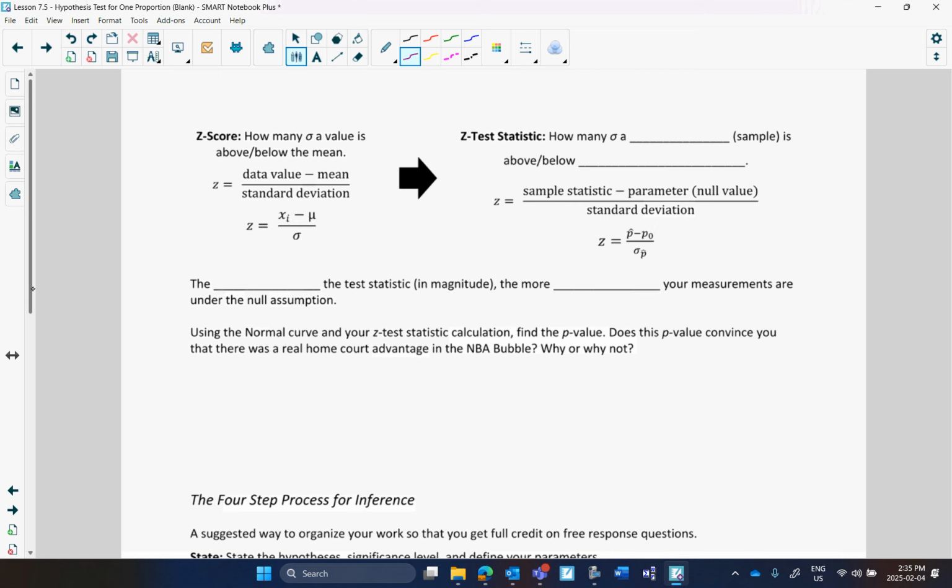So you can see here the Z statistic is how many standard deviations a statistic is above or below the parameter value, or the mean, which is the parameter value in this case.